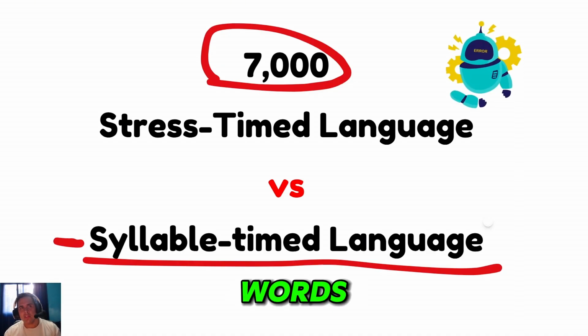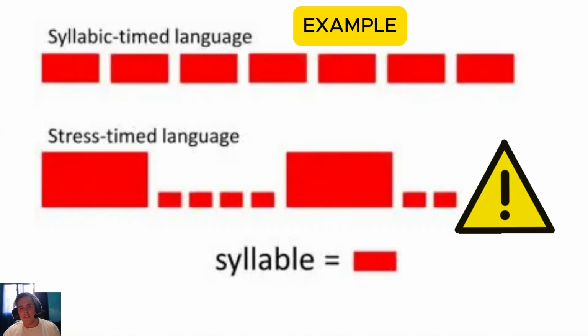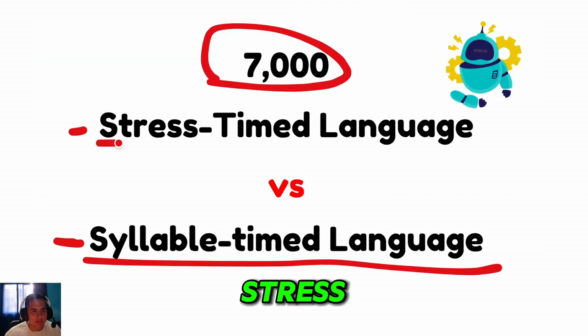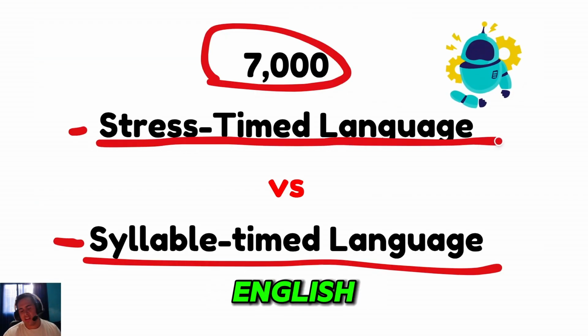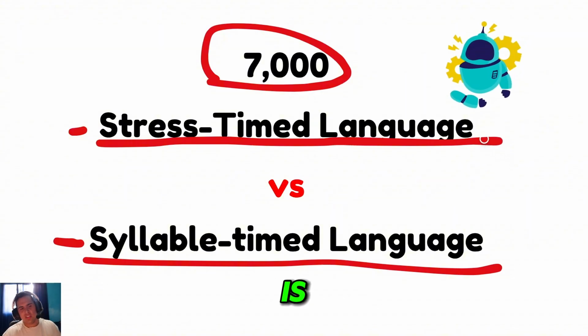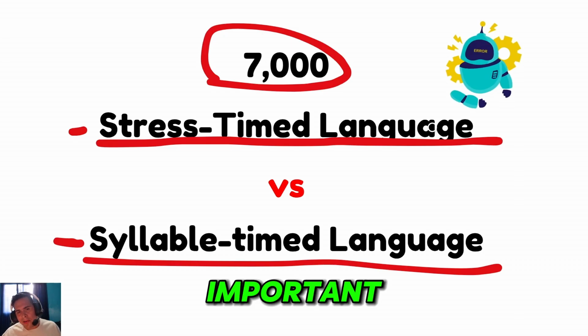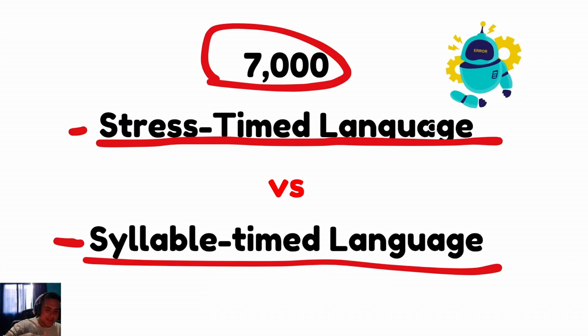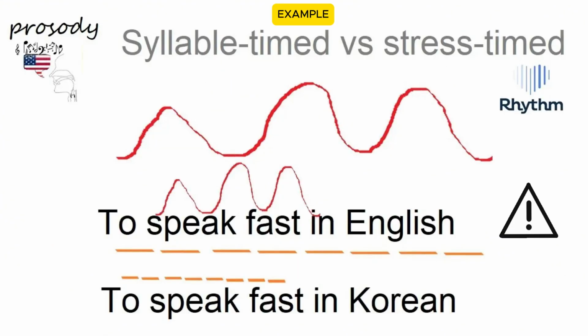So all the words have the exact same amount of time per syllable. But stress time languages, like English, it means that we make emphasis in the syllables that we want to make more important and less important within that sentence.